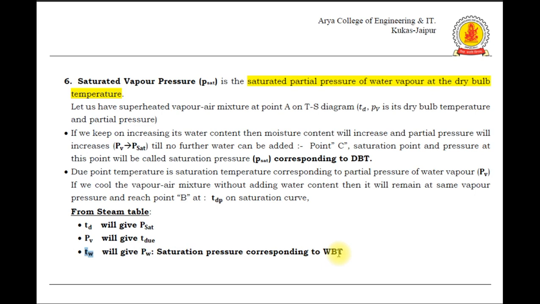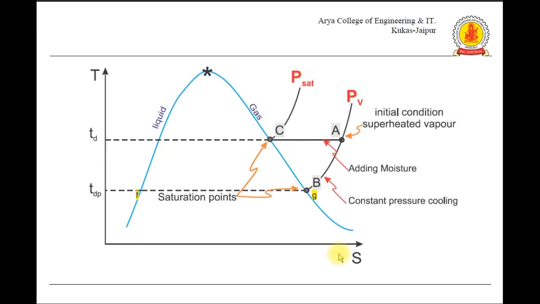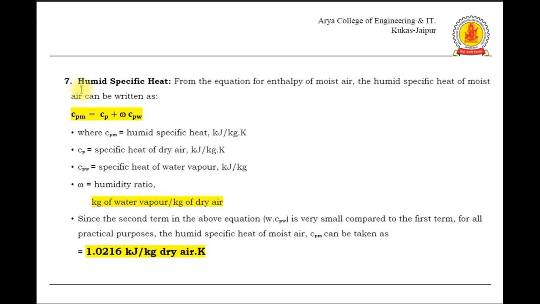Okay. Another term is humid specific heat. It is the specific heat of moist air. It is nothing but simply the sum of specific heat of dry air plus specific heat of water vapor times the fraction of water vapor present.